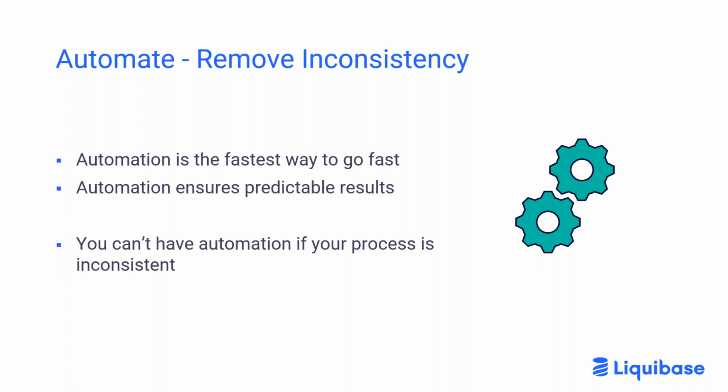Automation is the fastest way to go fast, but even though it ensures predictable results, it also will not tolerate an inconsistent process. As you simplify your process and lighten the individual piece parts, the automation will expose where you're inconsistent, where you've got exceptions that you don't need. Too many exceptions and special cases will just flat kill you. You won't be able to gain the speed or the benefit from the automation.